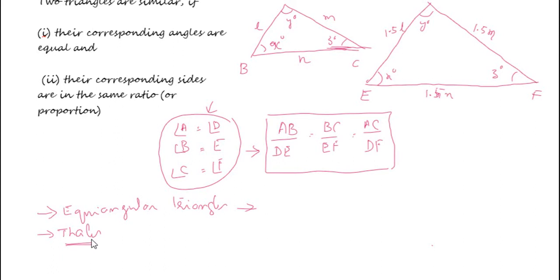It is believed that he used the result of a theorem to arrive at this. That theorem is known as the basic proportionality theorem. That is also known as Thales theorem, named after him.